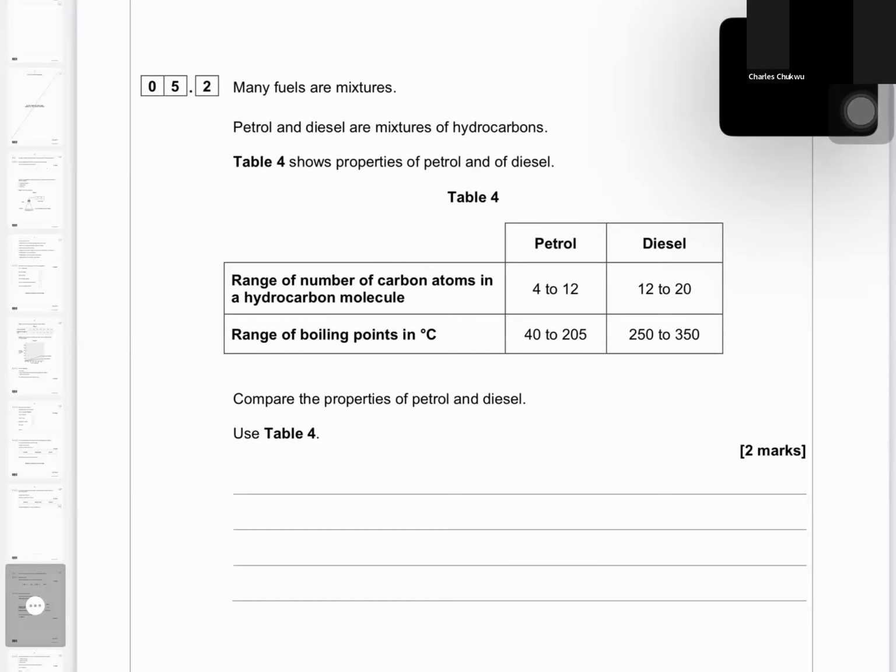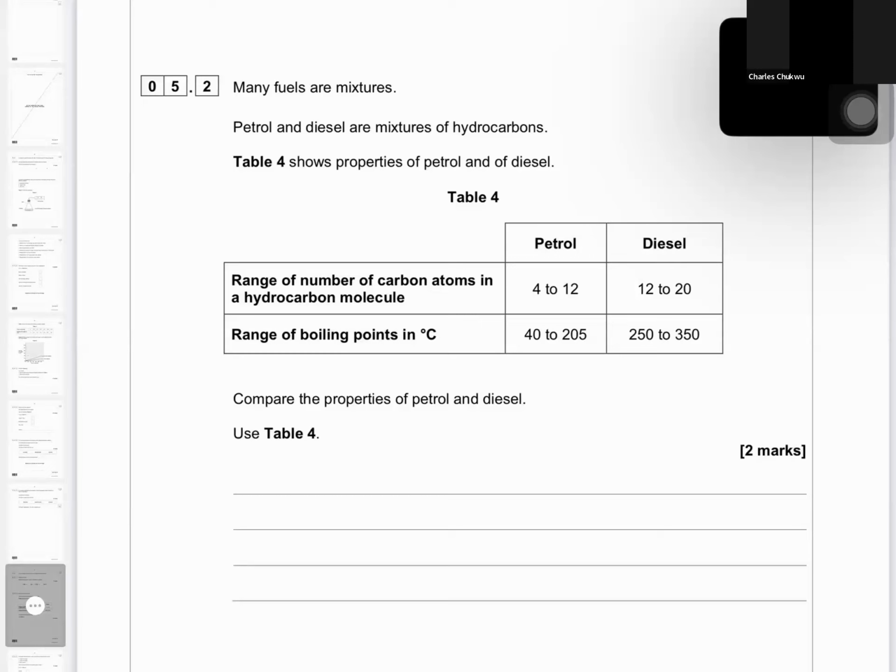Table 4 shows properties of petrol and diesel. Range of the number of carbon atoms in a hydrocarbon molecule: petrol 4 to 12, and diesel 12 to 20. Range of boiling points in degrees Celsius: petrol 40 to 205, and diesel 250 to 350.